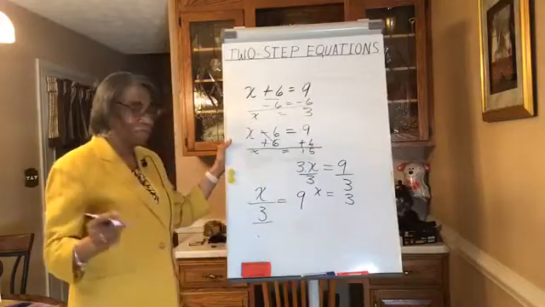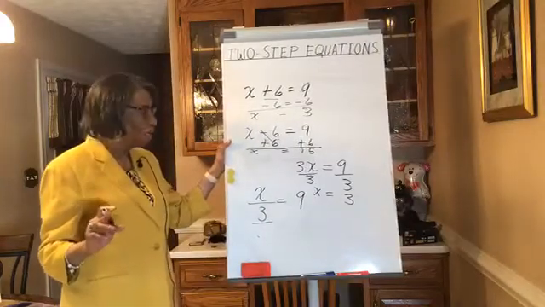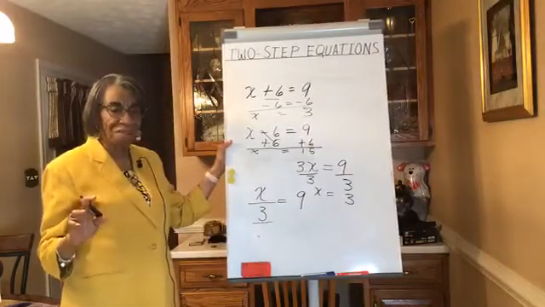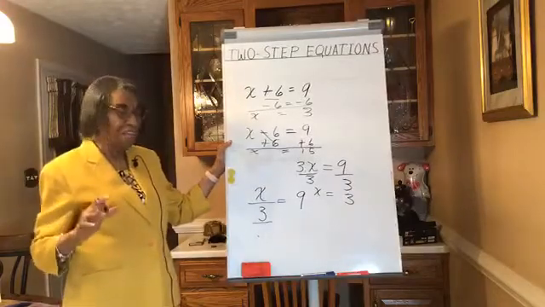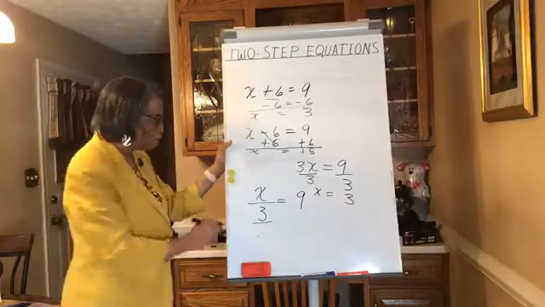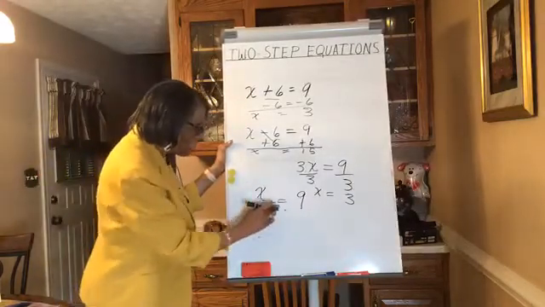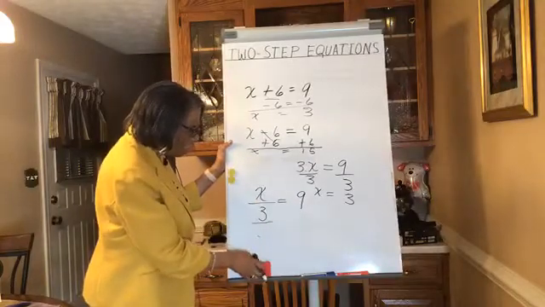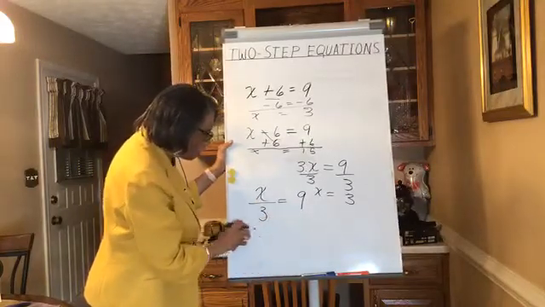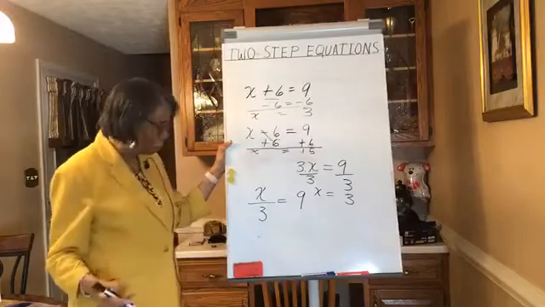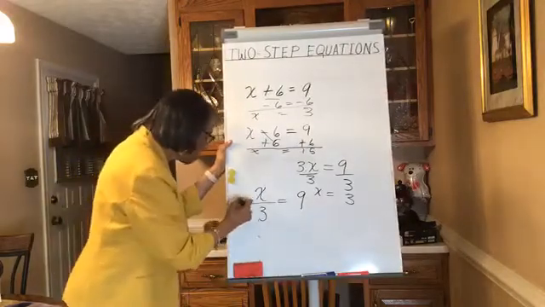All right, I purposely didn't put any negatives in this because I just want to see if you have the process. And we're going to put it all together in a few minutes. All right, this says x divided by 3 equals 9. So what is the opposite of dividing by 3? Multiplying by 3.